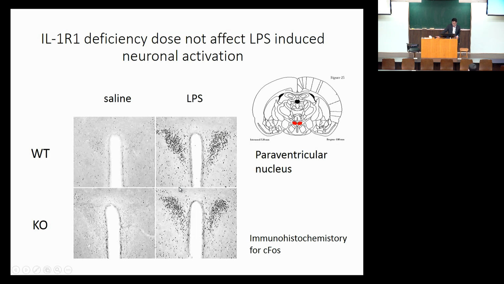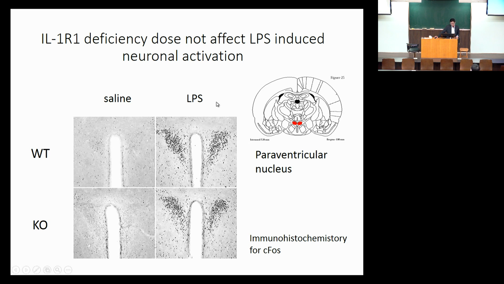This is the immunostaining experiment on the hypothalamus. Each black dot is an immuno-positive cell for c-Fos. c-Fos is a marker for activated neurons, so the black dots mean activated neurons.